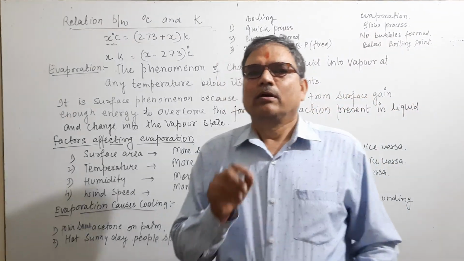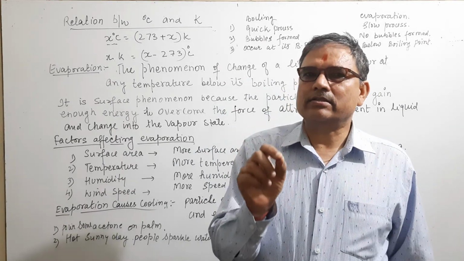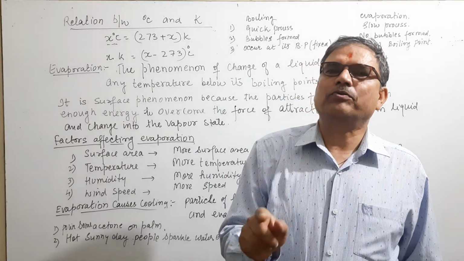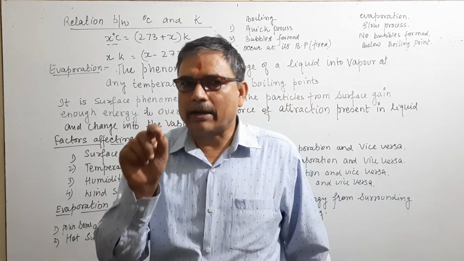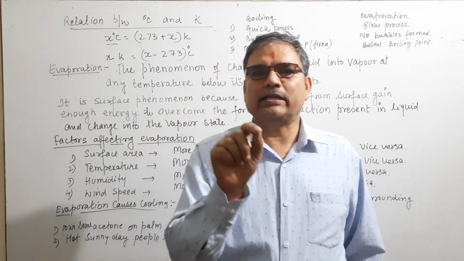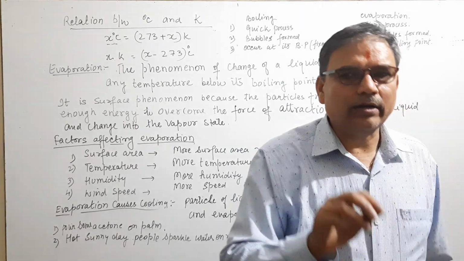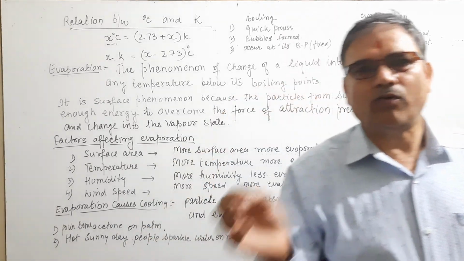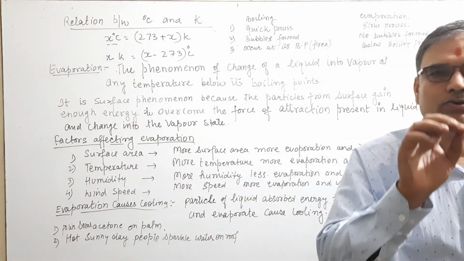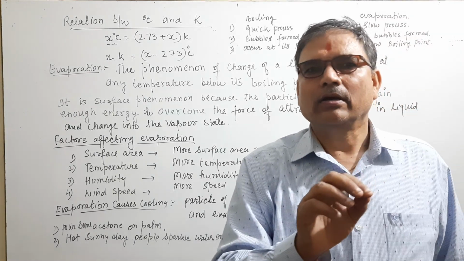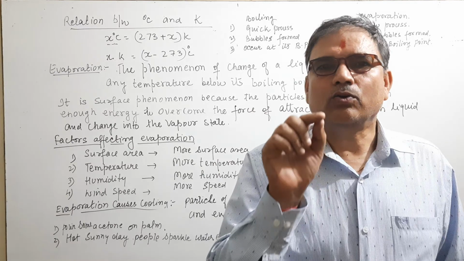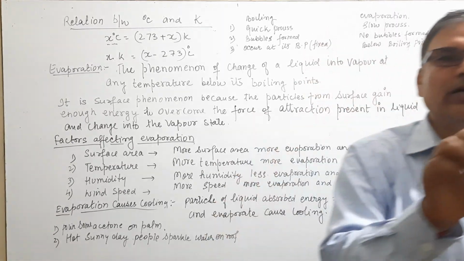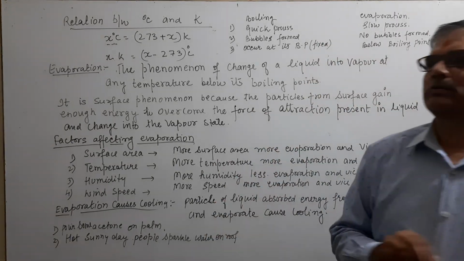To convert Celsius into Kelvin, we have to add 273 to the temperature given in Celsius. And to convert Kelvin into Celsius, we have to subtract 273 from the given temperature in Kelvin.